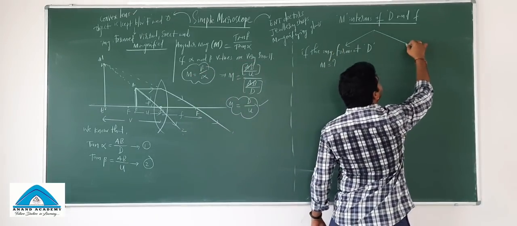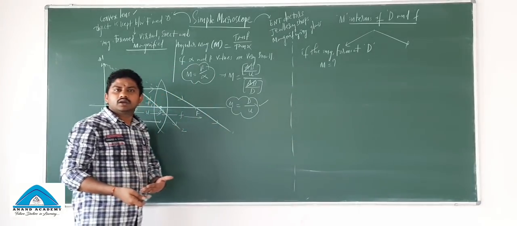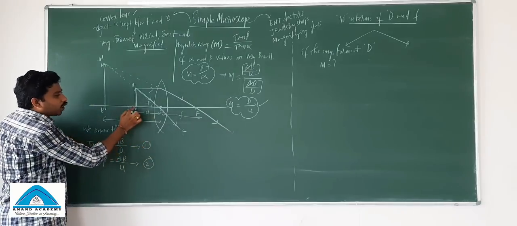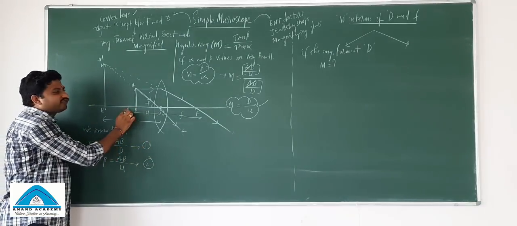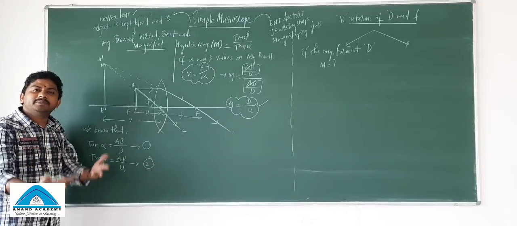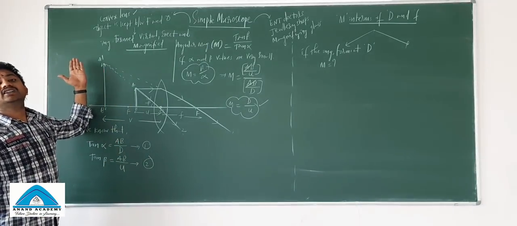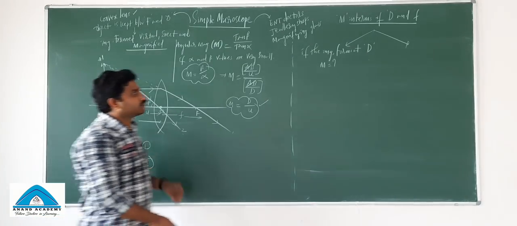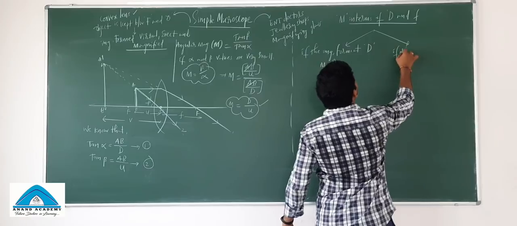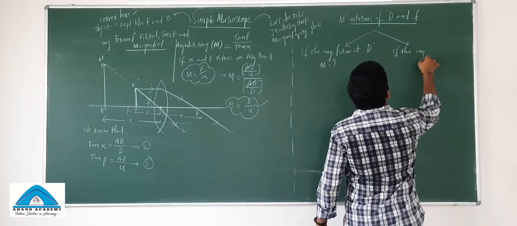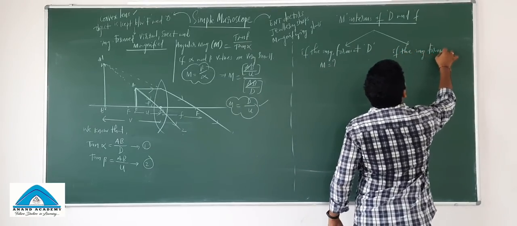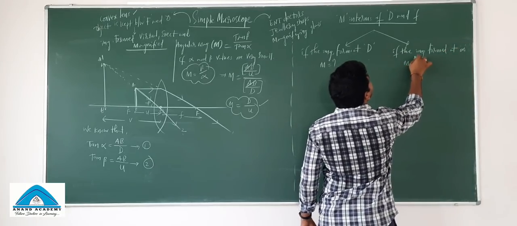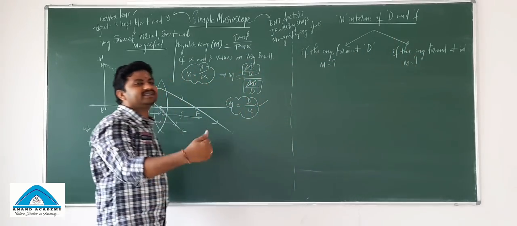Now, the second case: the image can also form at infinity. Imagine when the object is kept exactly at focus, where will the image be formed? The image will be formed at infinity. So in those cases also there will be an angular magnification. So that is the second case: if the image is formed at infinity, what will be the angular magnification? These two things we will discuss.